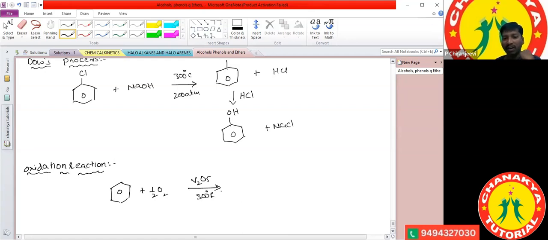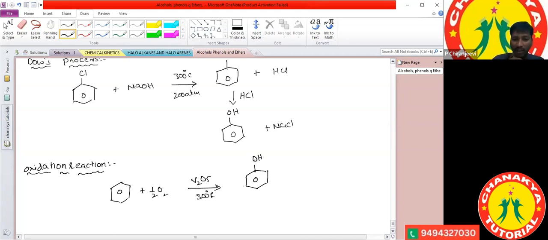V2O5 acts as an oxidizing agent. So in presence of V2O5 it forms phenol. So this is one method.